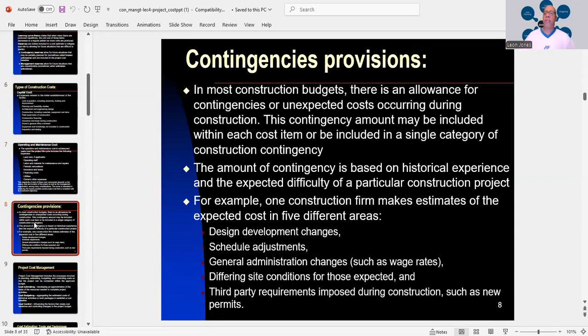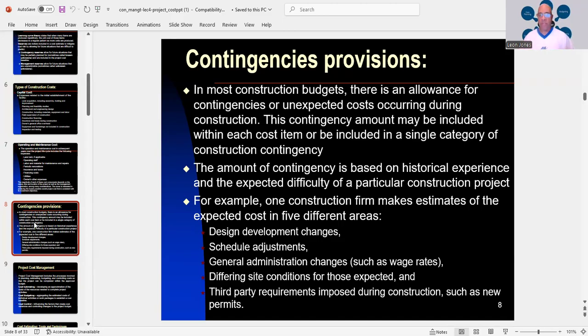Then we have our contingencies provisions. So basically, in most construction budgets, there is an allowance for contingencies or unexpected costs occurring during construction. This contingency amount may be included within each cost item or may be included in a single category of construction contingency.